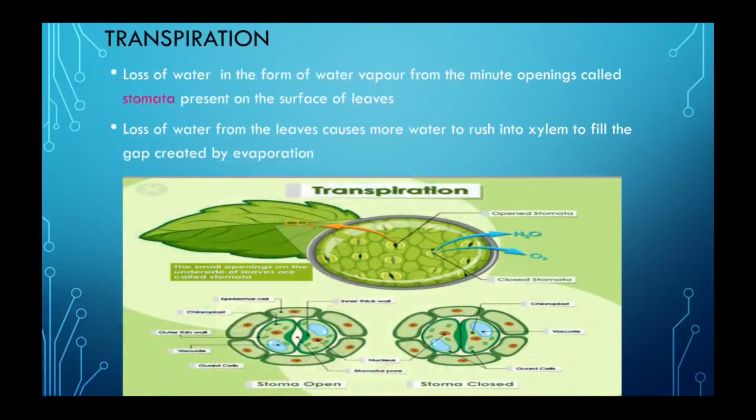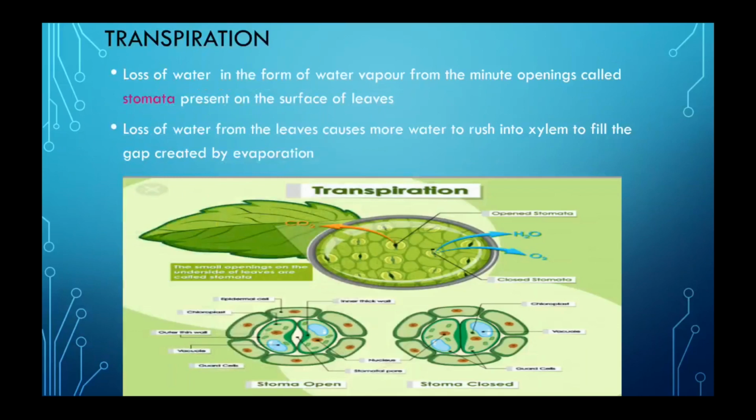Transpiration. So what is transpiration? Students, since third or fourth class you have been reading the definition of transpiration, so I think you know what it is. Transpiration means the loss of water from the surface of the leaves through minute openings called stomata.